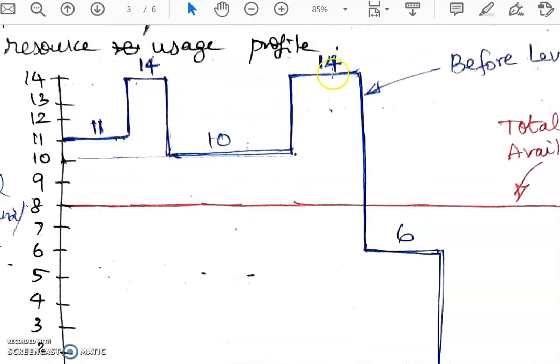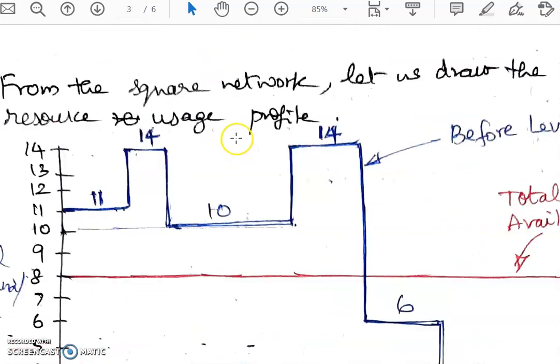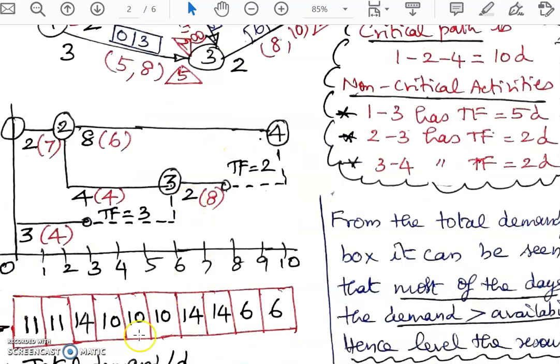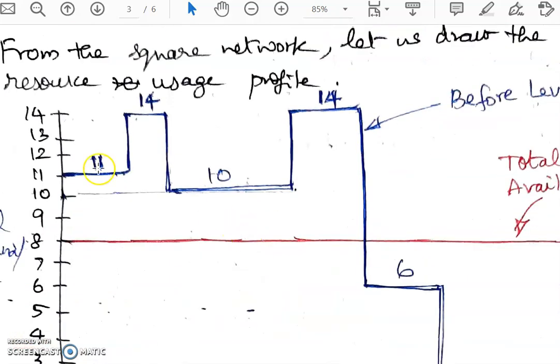I have mapped the resource requirement per day from the square network. This box from here I have mapped over here, and I find that on most of the days the resource demand is exceeding the availability. So therefore, we will go for balancing.